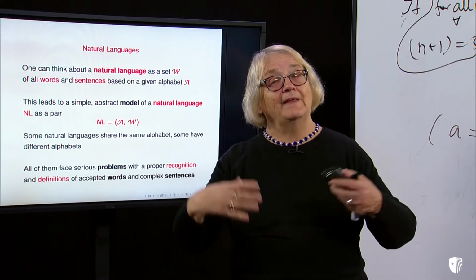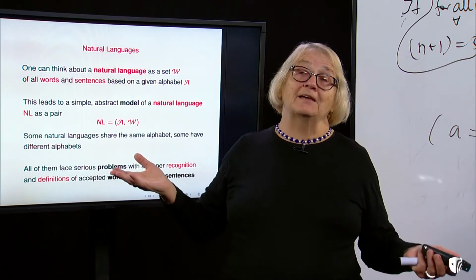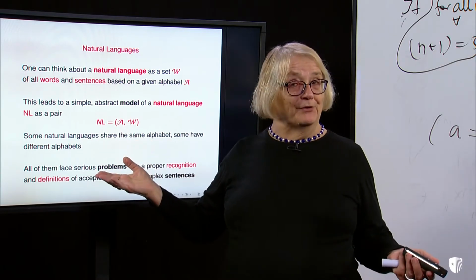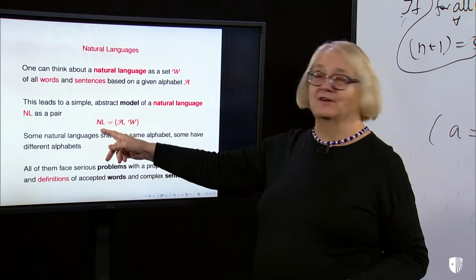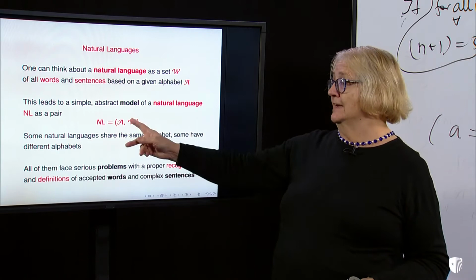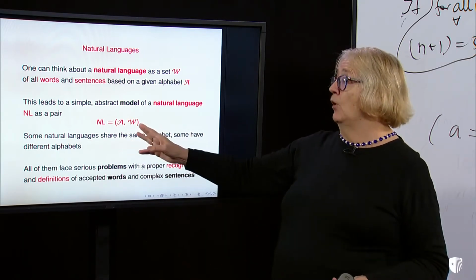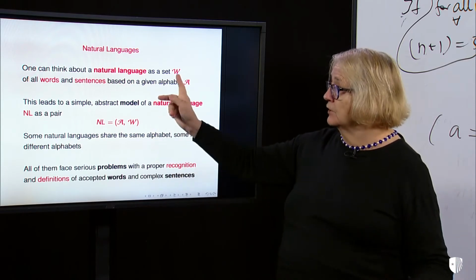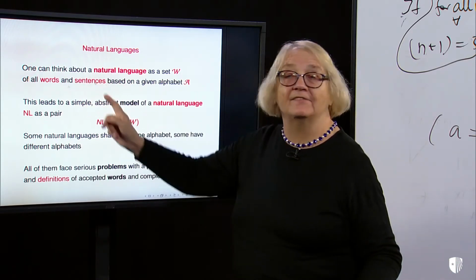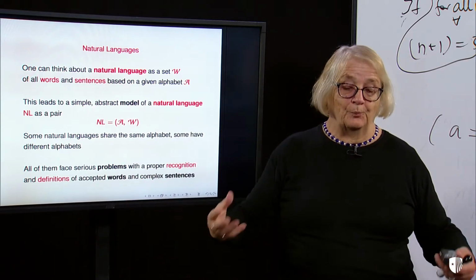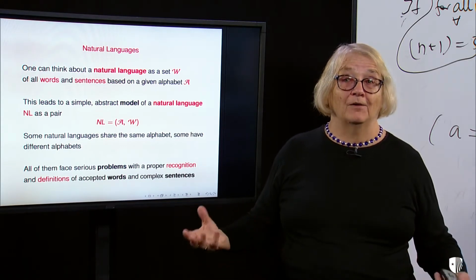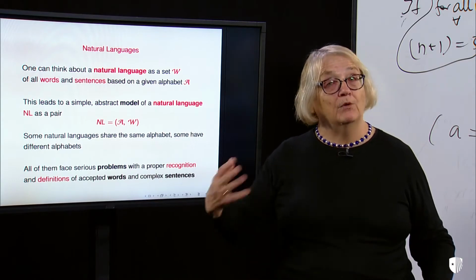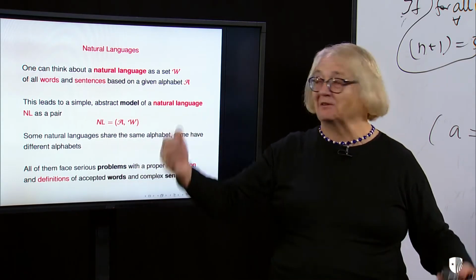So it's a very simple model, but I can say that natural language is an alphabet and all the words of that, and W is not only words, but words and sentences. It's what you build out of that alphabet: words, sentences, books, everything.